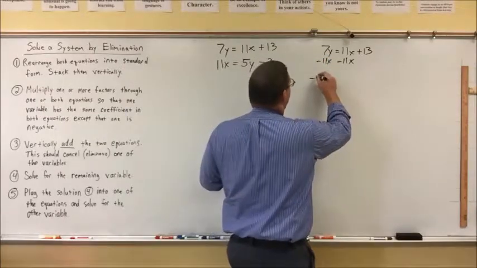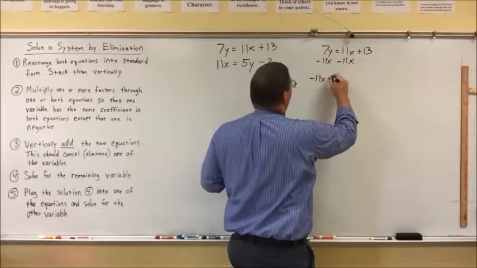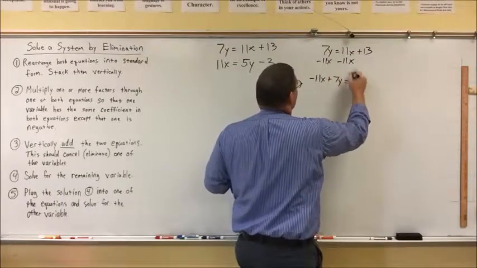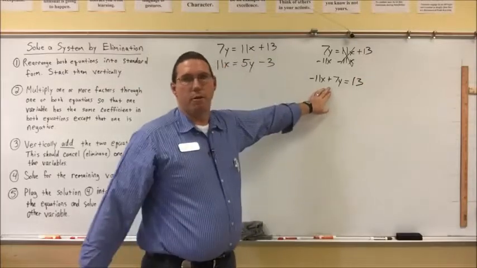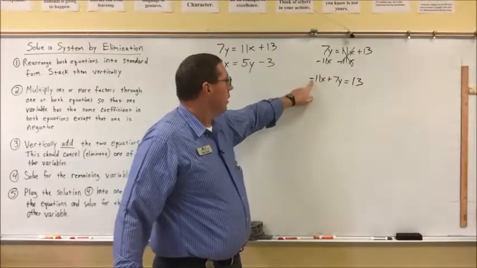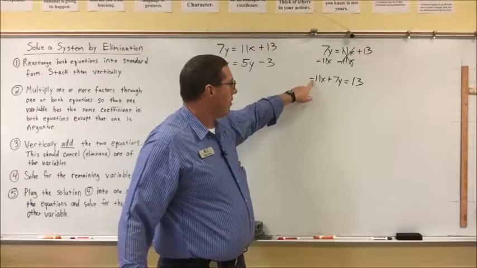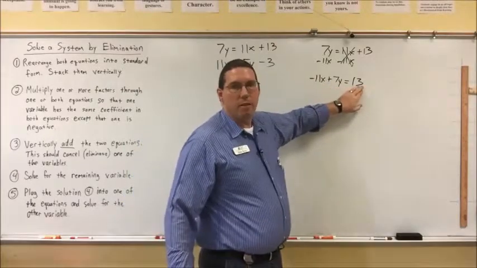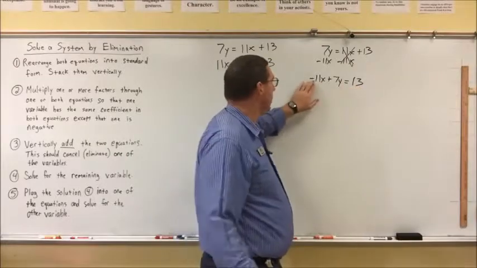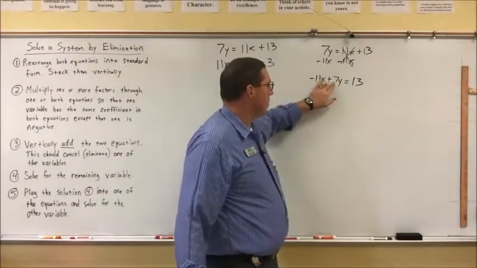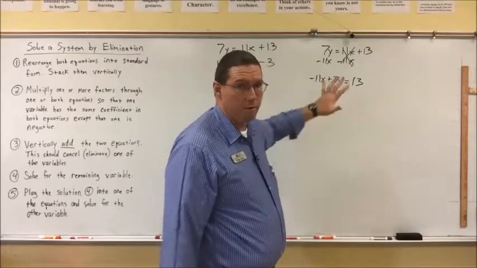Instead, I want to write negative 11x, and then this is a positive 7y is equal to positive 13. So this is now in standard form. Okay? And I know what you're thinking. Didn't you say you want to have a positive up here? Well, I'm happy that the constant over here is positive. So because the constant is positive, I'm going to go ahead and leave the x as negative because my 7y is also positive. So I'll leave it like that.